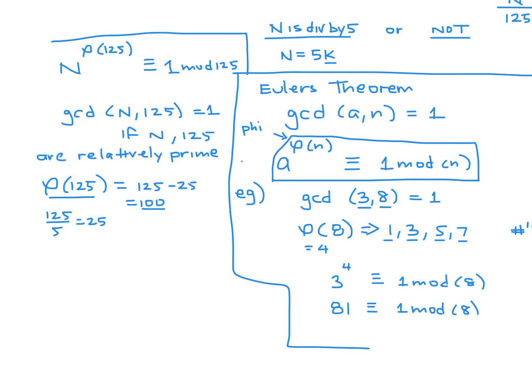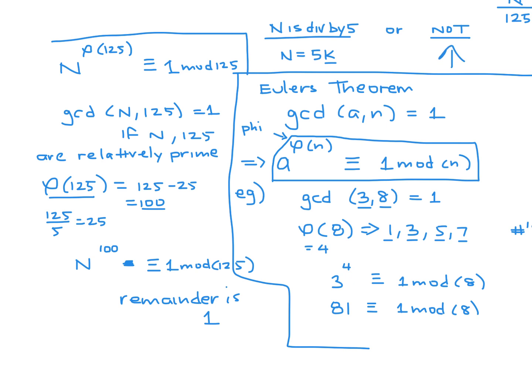Going back to Euler's formula, we would have n to the power of 100 equal to 1 mod 125. So that means the remainder would be 1 when n is not divisible by 5.